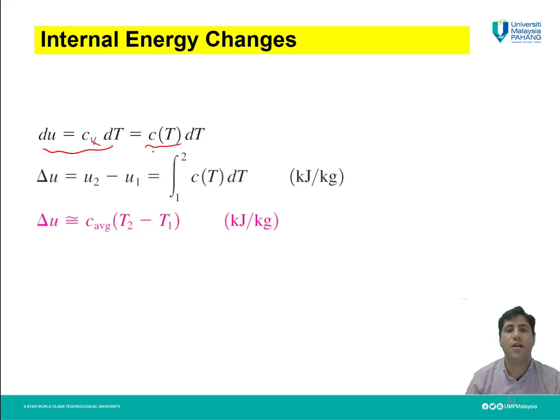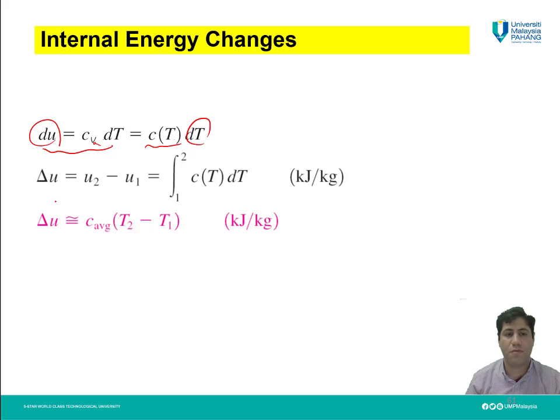In other words, like gases, for liquids and solids the specific heat is a function of temperature, and du is a function of the specific heat of that substance and the change in its temperature.